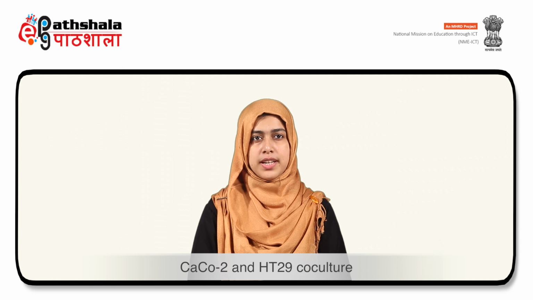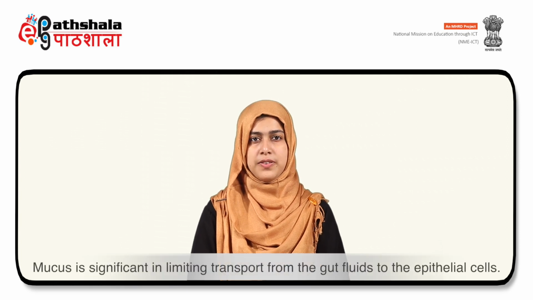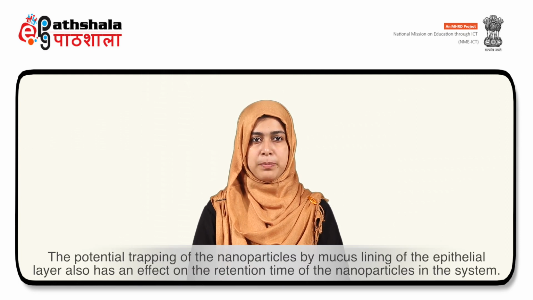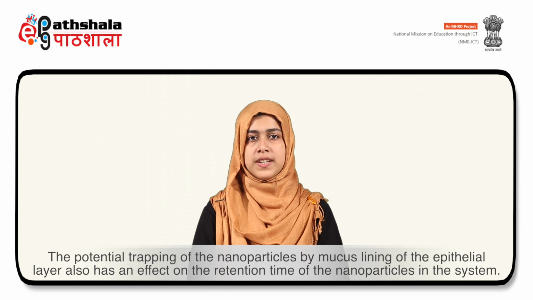Caco-2 and HT29 co-culture. Mucus is significant in limiting transport from the gut fluids to the epithelial cell. The potential trapping of the nanoparticle by the mucus lining of the epithelial layer also has an effect on the retention time of the nanoparticle in the system.